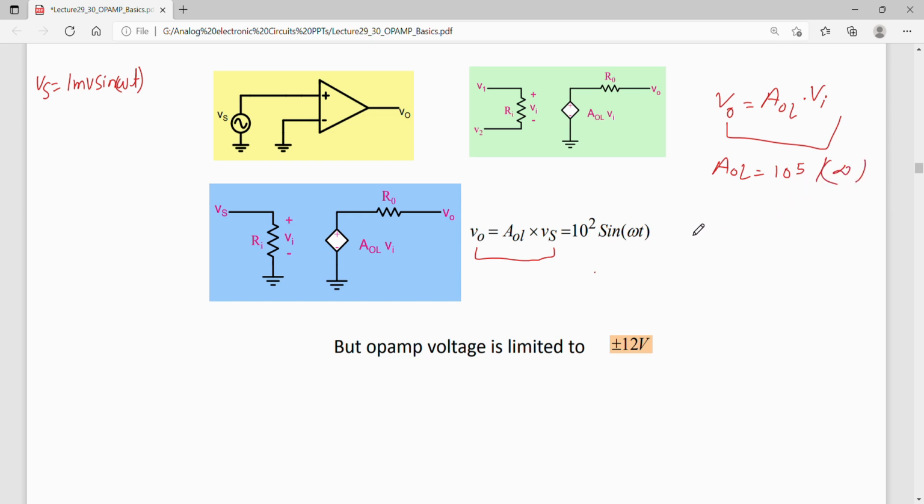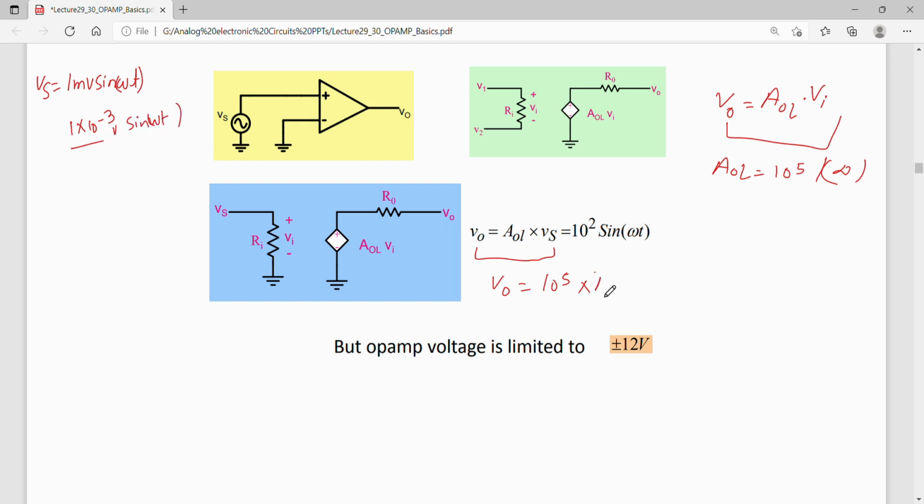So we use this equation to find out the gain, that is V naught is open loop gain, that is 10 to the power 5 multiplied by Vs, which is 1 millivolt sine omega t. So 1 millivolt, that is 1 into 10 to the power minus 3 volts sine omega t.